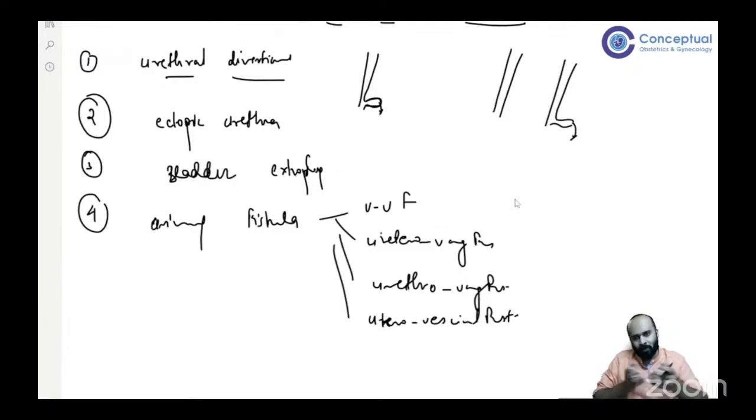So a fistula, of course, will require surgical correction, and is another cause of urinary incontinence.